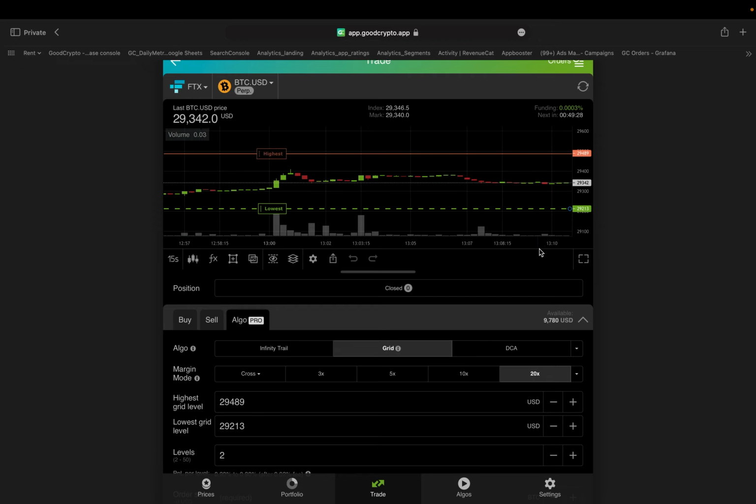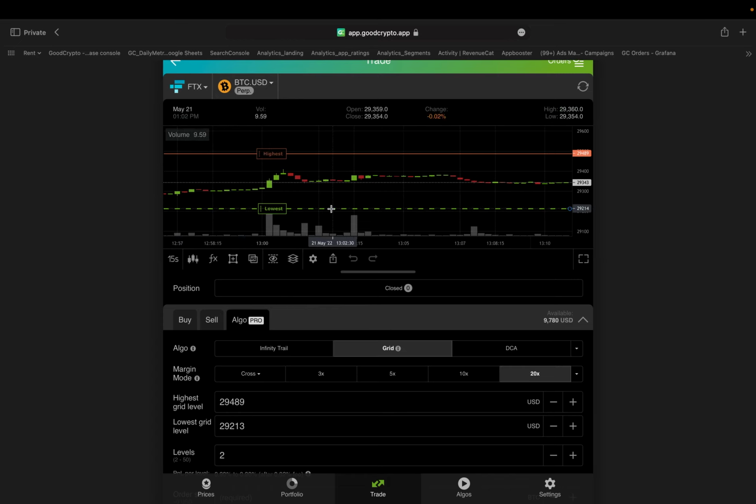Grids are always run with limit orders, so whenever you launch it, this grid in particular will create or will keep a grid of two limit orders. One buy order, denoted here by the green line. Obviously, the buy order is below the current market price, which is logical. And then there will be a sell order which is above the market price at the moment, right?